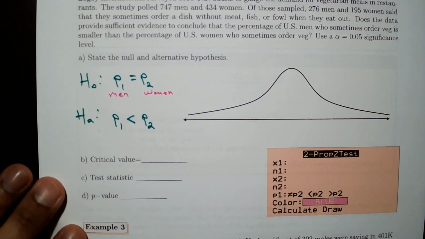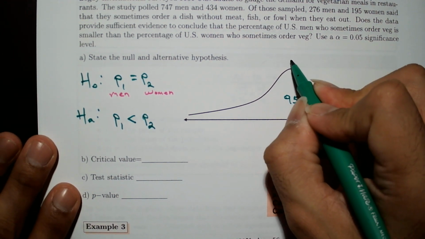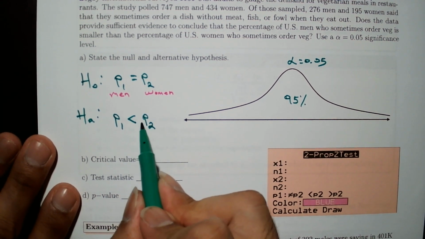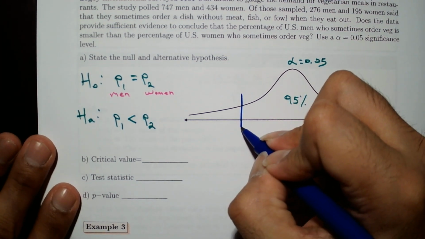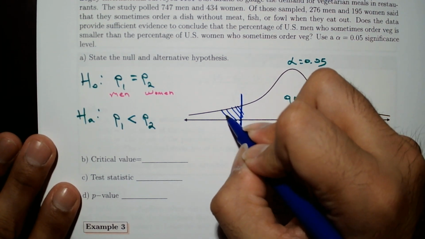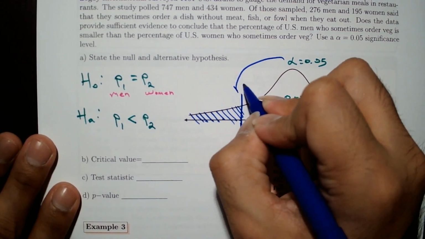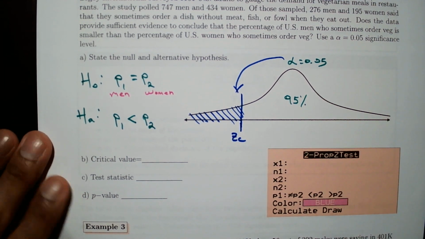That means 95%. Alpha equals 0.05. Because of the direction of the inequality sign, this is going to go to the left. And we're going to find the z critical for 0.05.